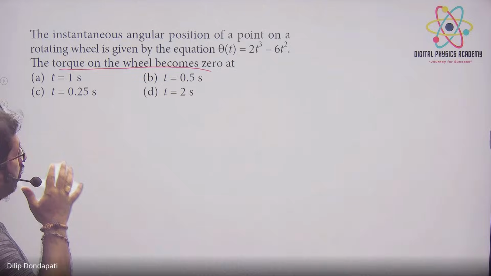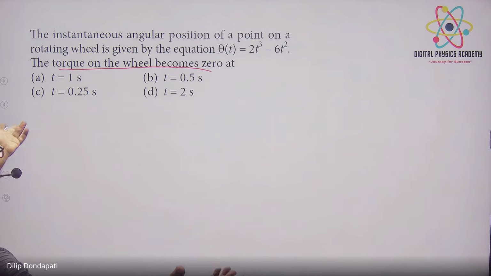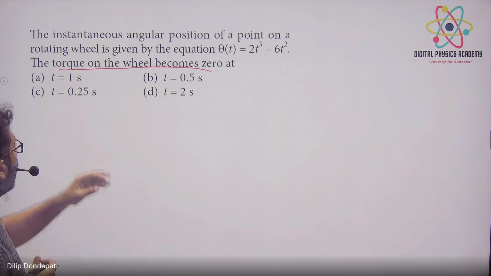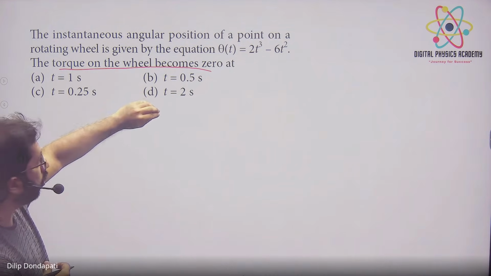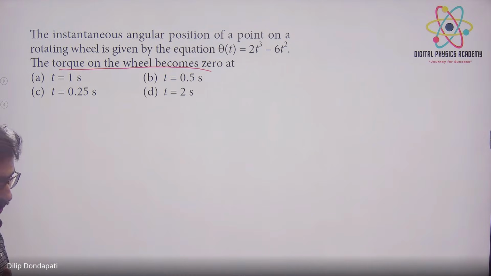So what do I take? Sir, I as 1 second? So what will I be? No, sir, answer is 1 second. Sir, what will I be? Should I take I as mr square by 2? I don't know. You see the question. Tau will become 0 at what seconds? Tau is 0.